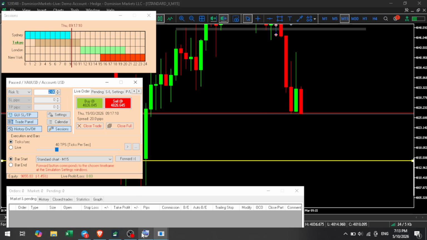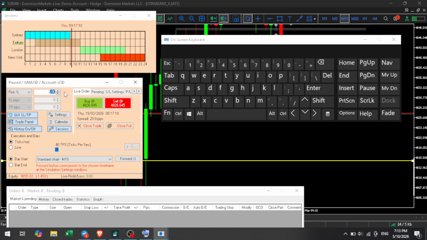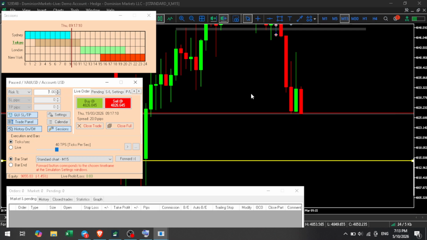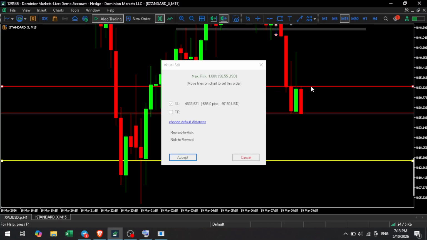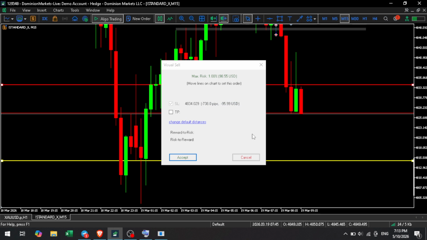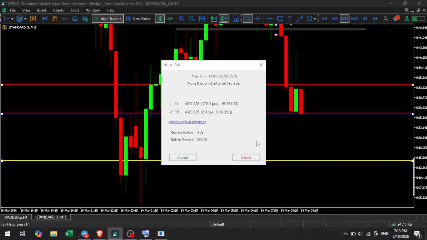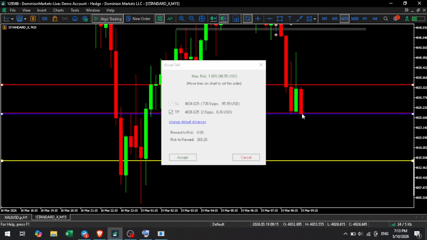Our stop loss would be based on 15 minute, because on the 30 minute it is too large of a stop loss to be 69. Let's go 73 with our TP at this support.